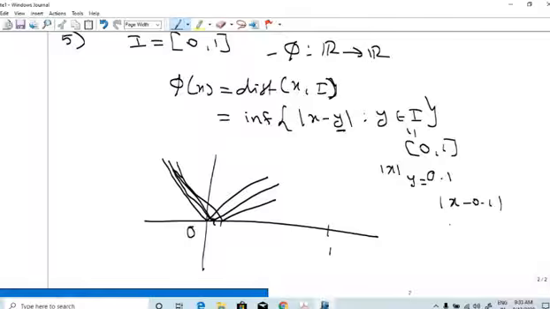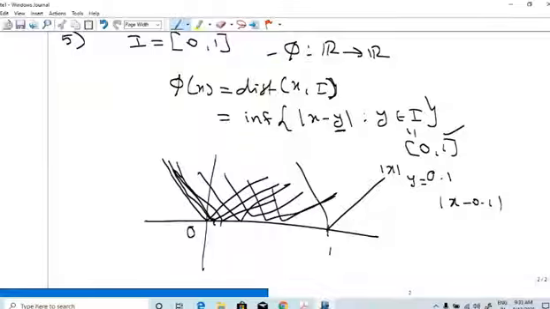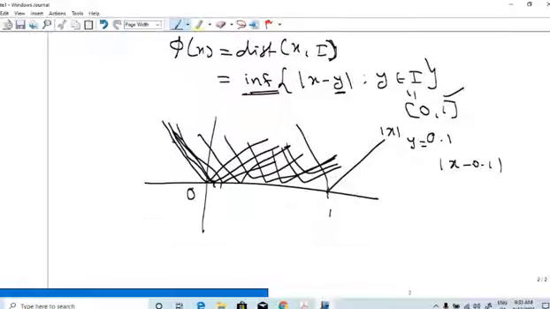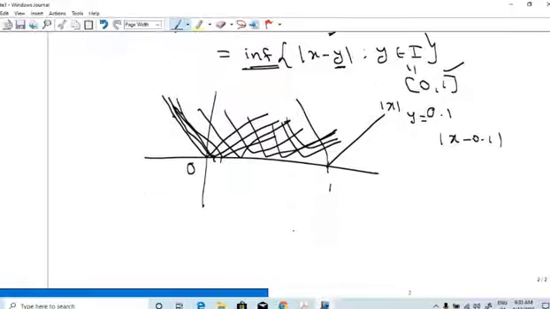Finally, if you take y equal to 1, the end point, we get a graph that looks like this. So everything looks like this. But we are going to take the infimum. So what is the minimum value of these graphs? Directly draw the graph. This is the minimum because there is no graph after this, there is no graph here.